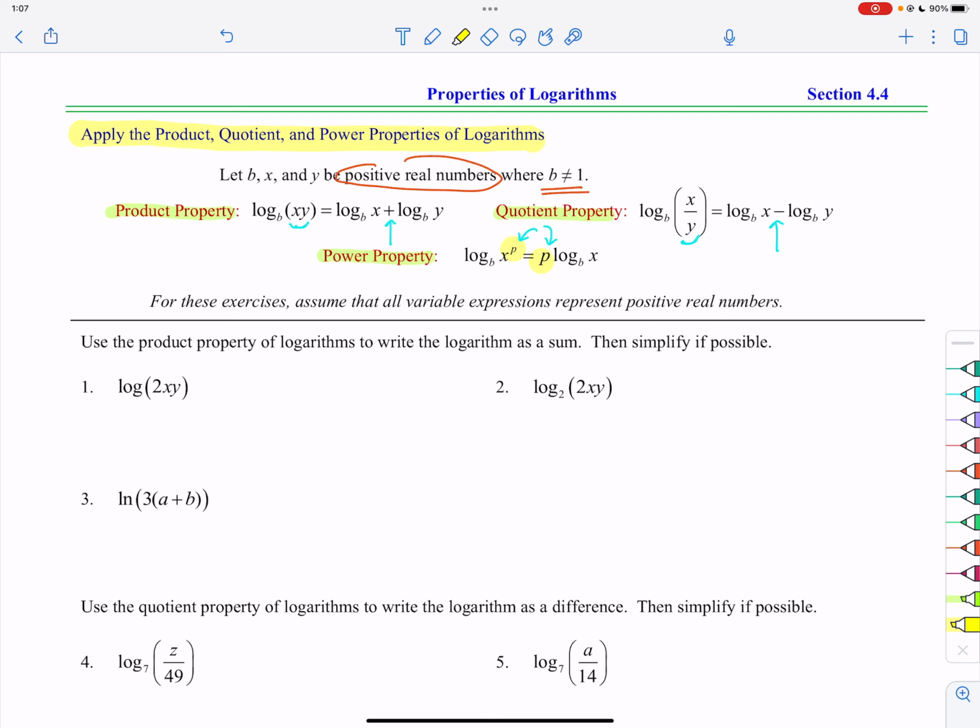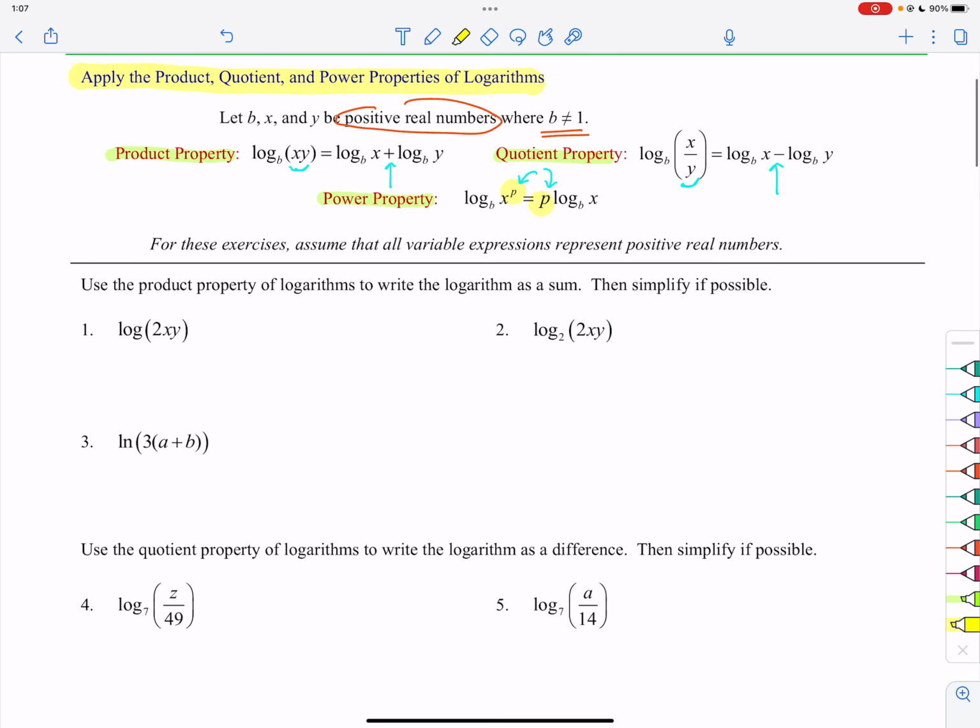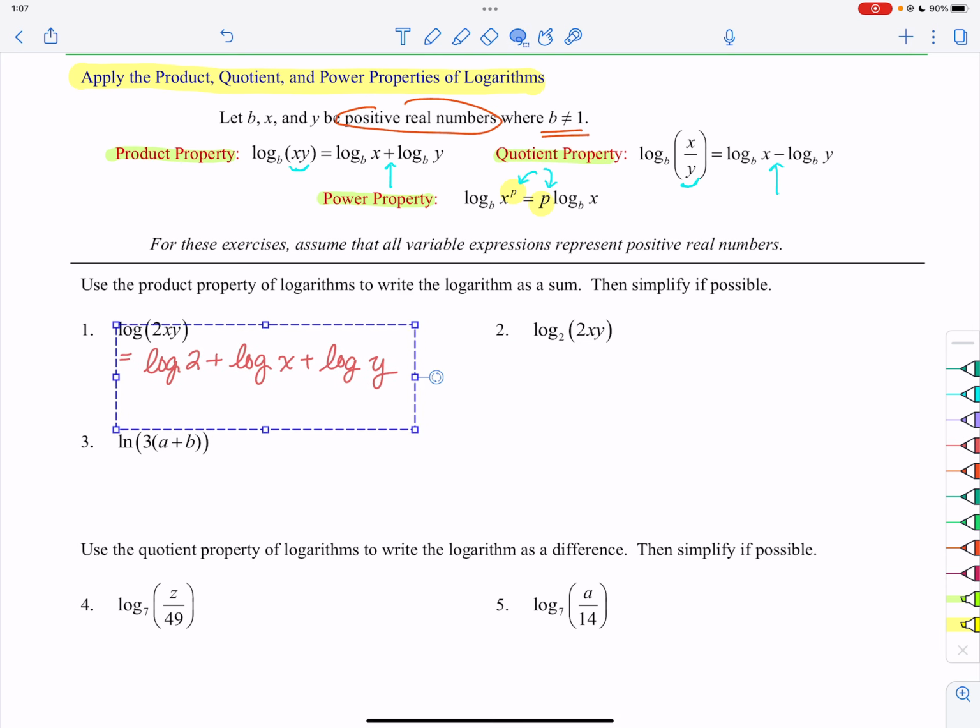We'll begin with number 1, and in number 1 we have the log of a product. So we were multiplying 2, x, and y. So this is equal to the log of 2 plus the log of x plus the log of y. And that is also a common logarithm, all base 10.